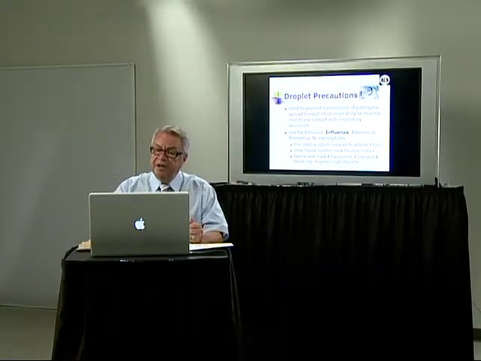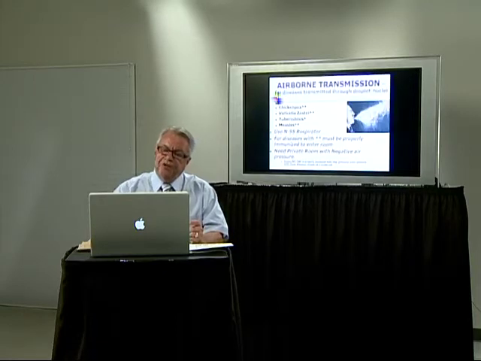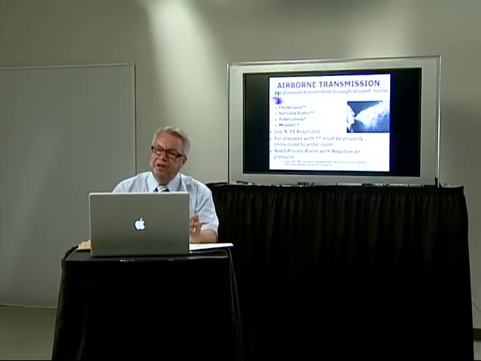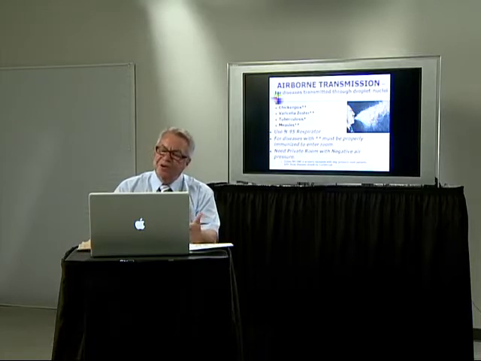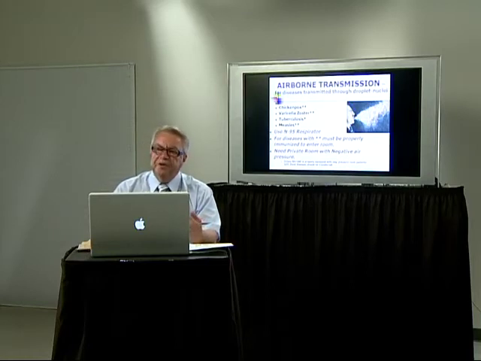And then finally, the last type of transmission-based precaution, which you won't see a whole lot in a nursing home or skilled nursing facility because these are airborne diseases and they require special rooms with negative air pressure so that the air isn't blown out into the corridor.